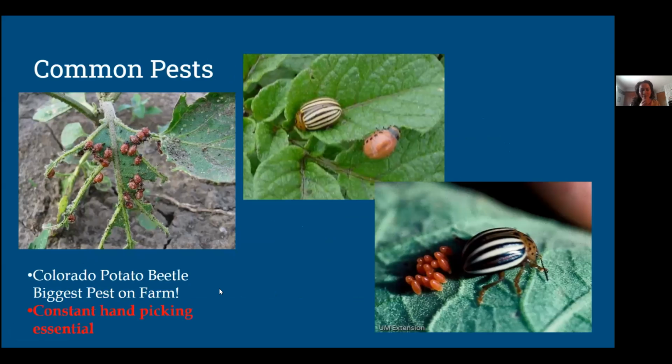Common pests. We were just talking a little bit about potato beetles. This is a huge pest issue with potatoes. Really the only organic method of getting rid of them is constantly hand picking them.